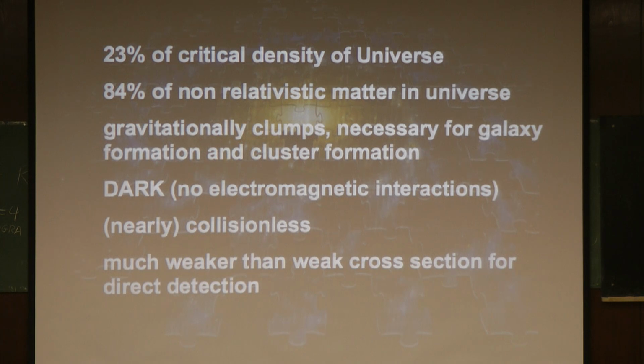And it has to do with what we have called dark matter, because it doesn't have electromagnetic interactions. And we have deduced that it's nearly collisionless, and it gravitationally clumps. Also, we have deduced that its interaction is much weaker than the weak cross-section for direct detection.